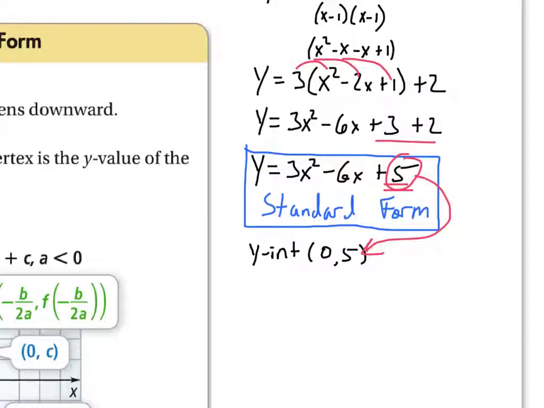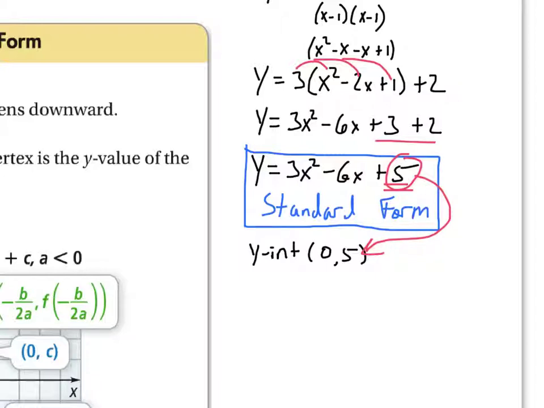Okay? So we've talked about two things so far. We've said that the a value from vertex form is the same as the a value in standard form. We've said that the constant in standard form is our y-intercept.